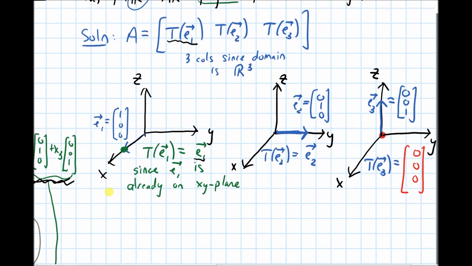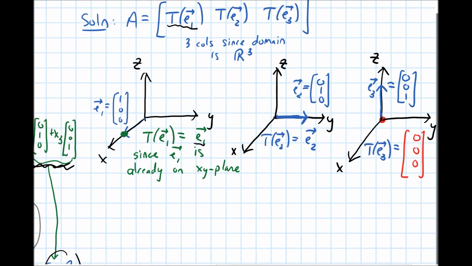All right, so what do I do with this information now? What this tells me is I'm actually ready to write down the columns of my matrix A. The first column is T of E1, and I know T of E1 just equaled E1, and that's 1, 0, 0. The second column was T of E2, and I know that T of E2 equaled E2, so that's 0, 1, 0.